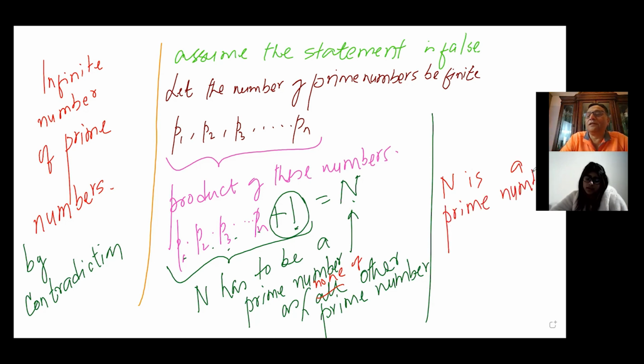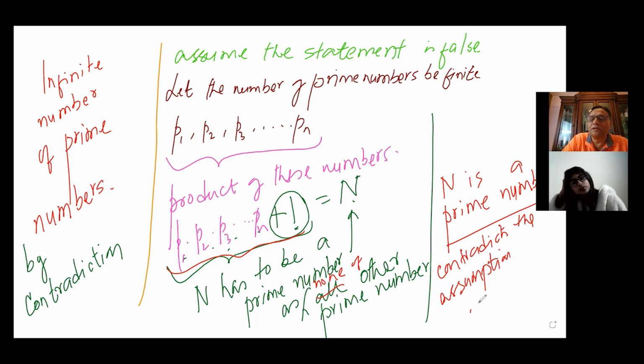Now that contradicts our assumption that only these are the prime numbers, right? So that contradicts the assumption. Therefore, the statement is true.